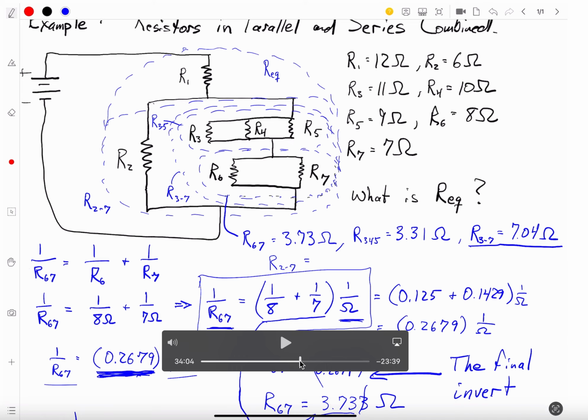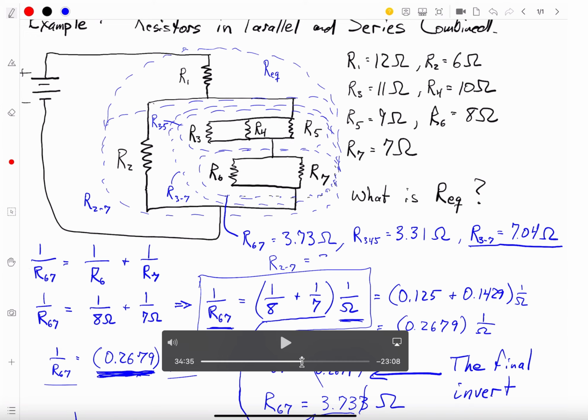So let's do R3 through 7. We don't have to do anything but add 3.73 to 3.31, and that gives us our 7.04 because they're in series, right? Those two equivalent things are in series. So R3 through 7, I underlined it there on the right, is 7.04 ohms.